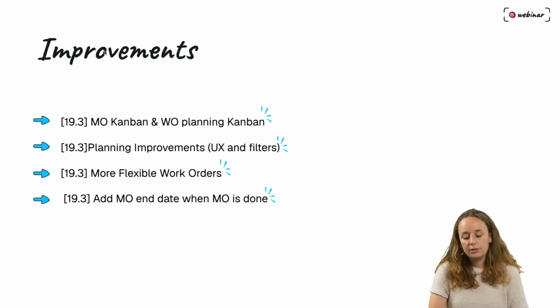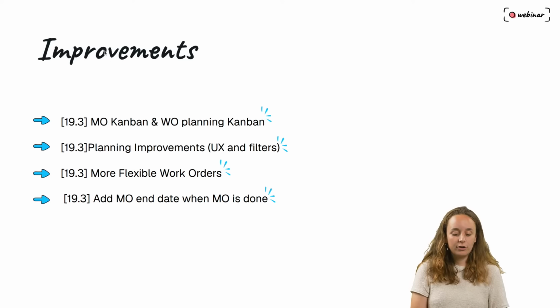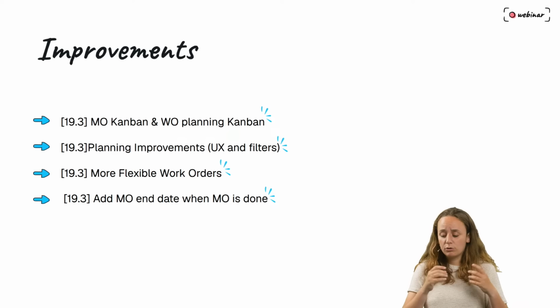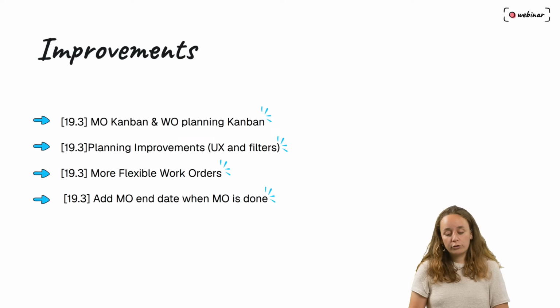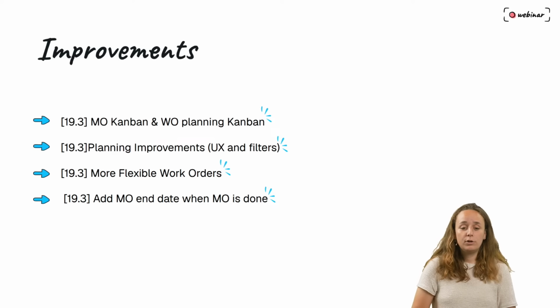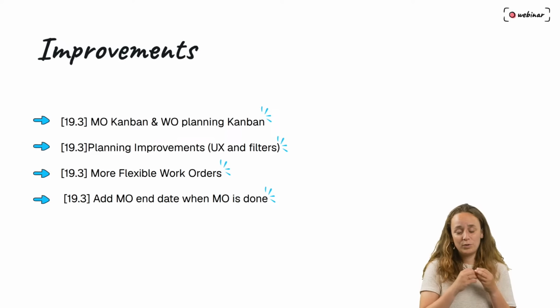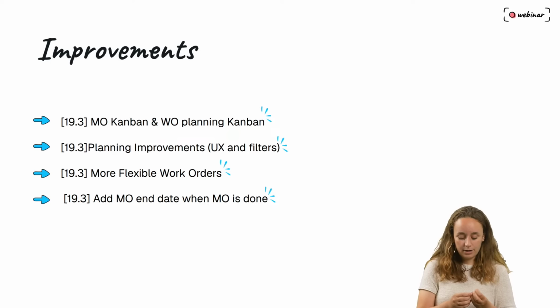So what did we see? We saw the manufacturing order Kanban view, which is really practical if you don't work with work orders, but it's also really practical to have the status and the overview of all the manufacturing orders you have to produce. Then we saw the work order planning Kanban, which is really powerful in 19.3 because it's automatically recomputing all your manufacturing orders in your planning, avoiding conflicts.